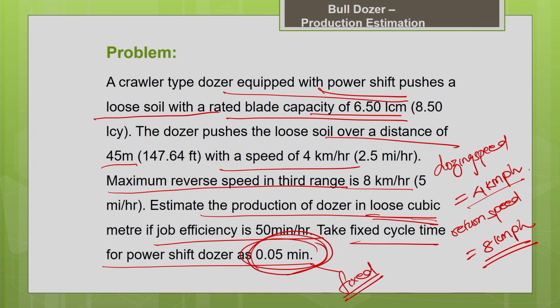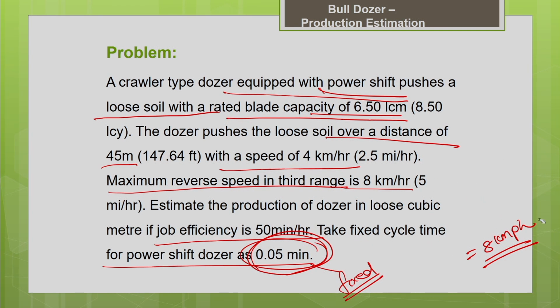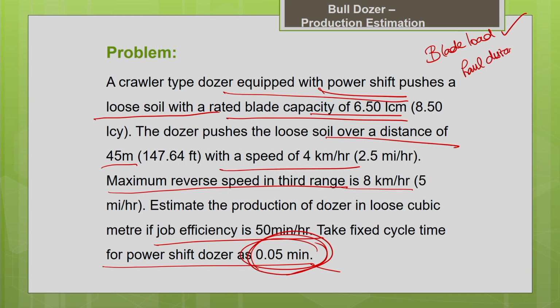So now we are going to estimate the productivity of the bulldozer with the available input data. So how to estimate it? You know the blade capacity, you know the blade load, that is known. You know the haul distance, the dozing distance is known. You know the speed of the machine.